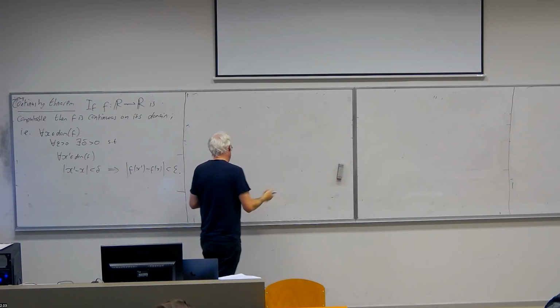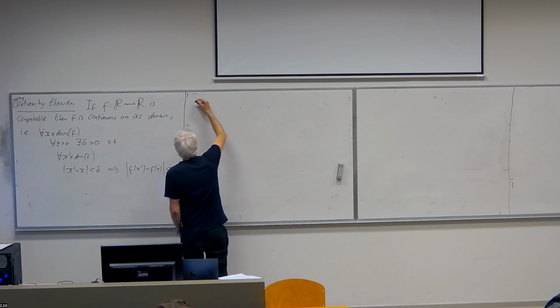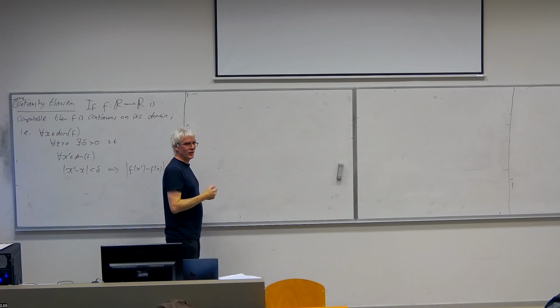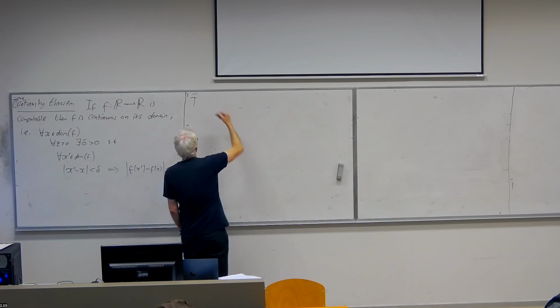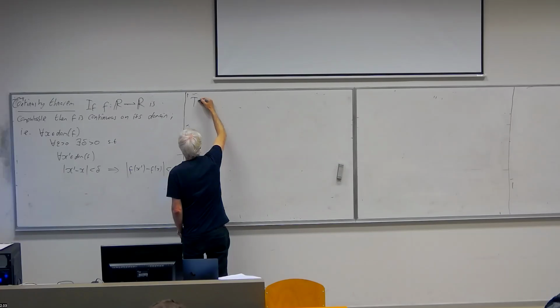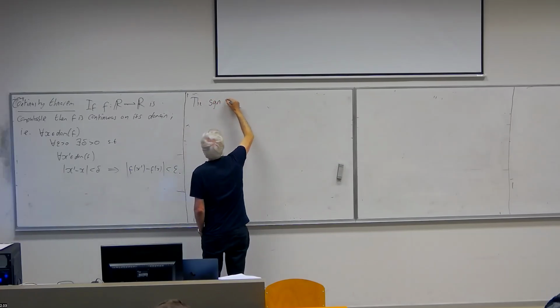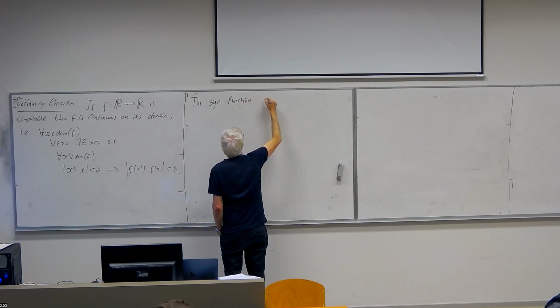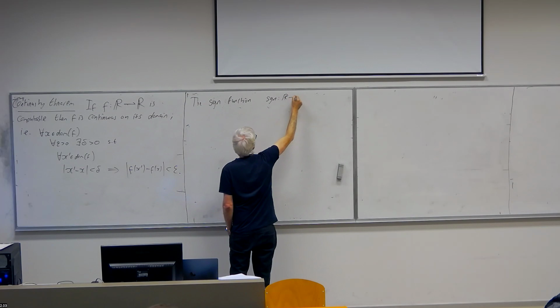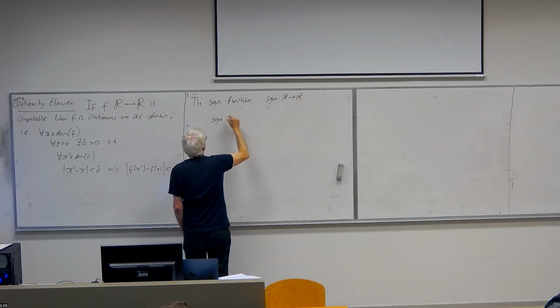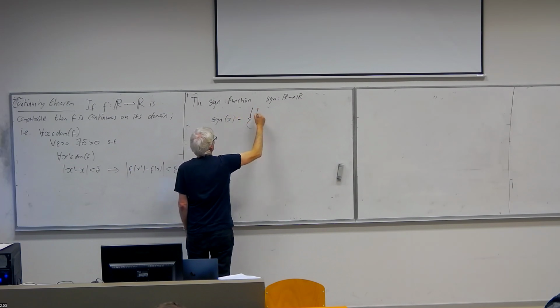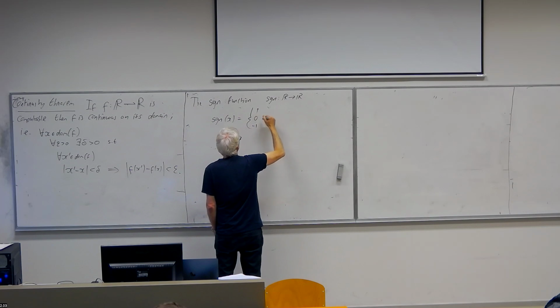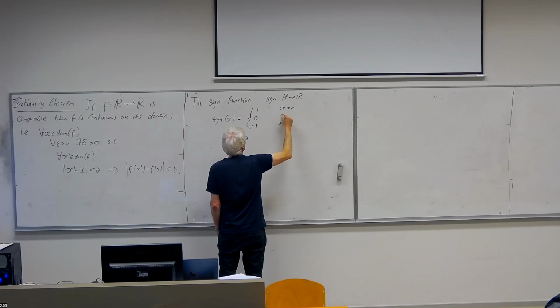Unfortunately, it is just a fact of life: a function that is not computable is the sign function on real numbers, sgn from reals to reals, defined by sgn of x is 1, minus 1, or 0 according to whether x is positive, x is negative, or x equals 0.